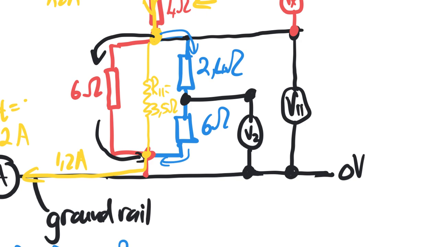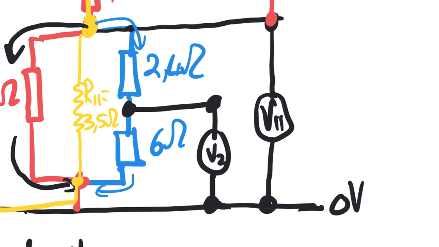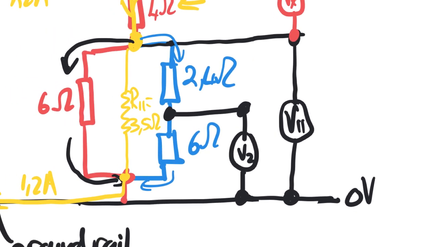So one of the ways of doing this is to work out V parallel. And V parallel is basically the total current flowing through R parallel. So V parallel would be I total, which we have, times R parallel.